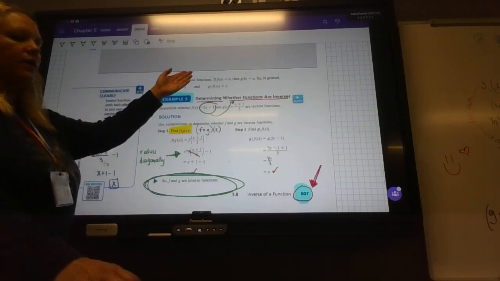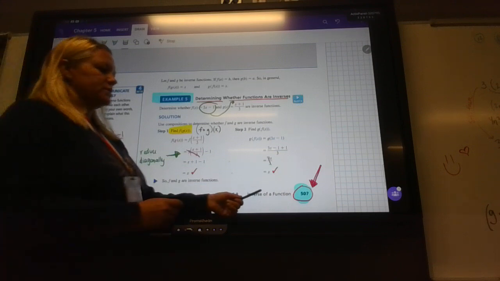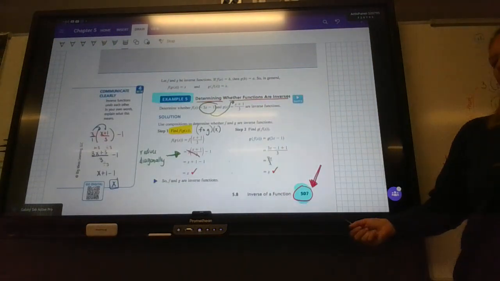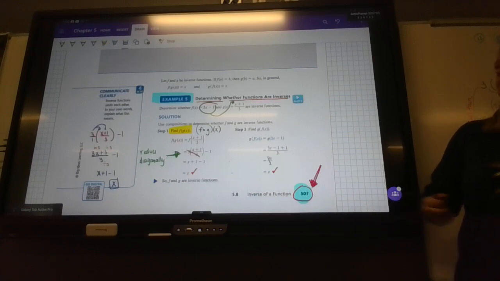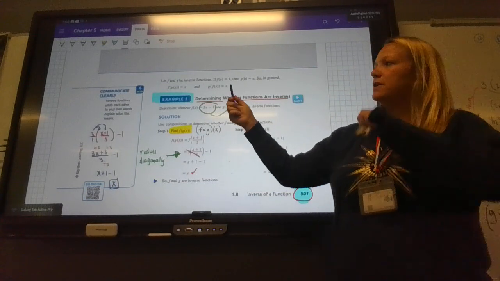We're going to assume F and G are functions, and what we're going to do is determine if they're inverse. Let's go to page 507. We're going to determine whether functions are inverse.